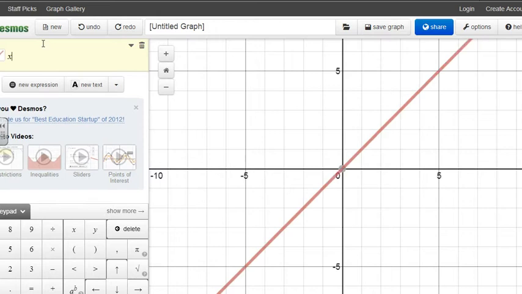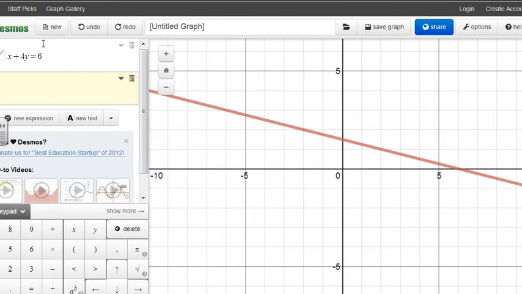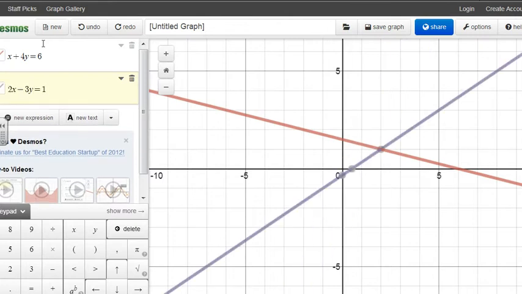I can just type x plus 4y equals 6, and I can hit enter, and I can type 2x minus 3y equals 1, right? And then I can say, show me the points. I can click on the point. So there's the point 2, comma 1, right? That's a point of interest, which is our point of intersection, okay?